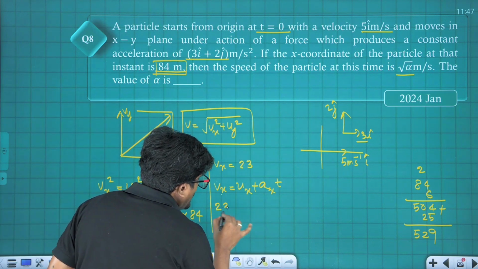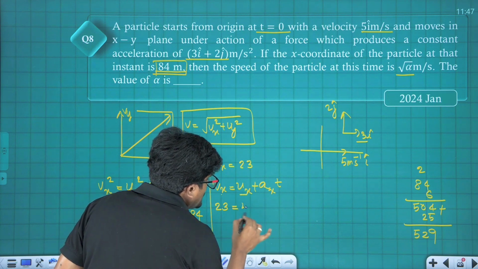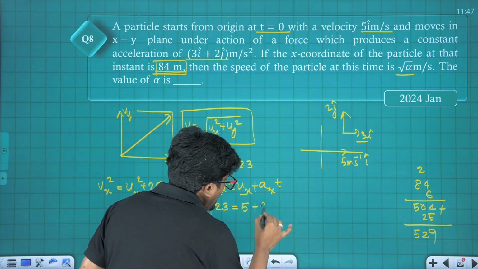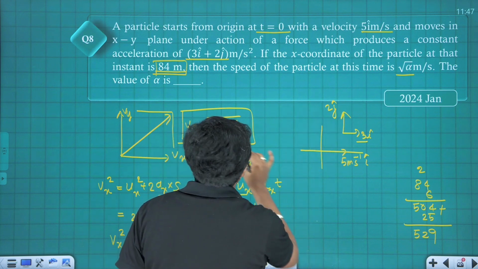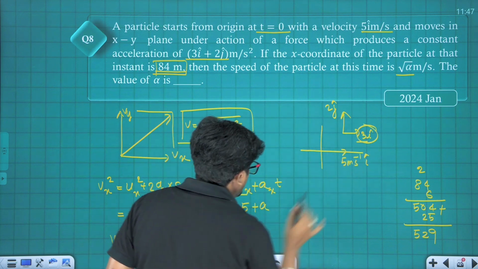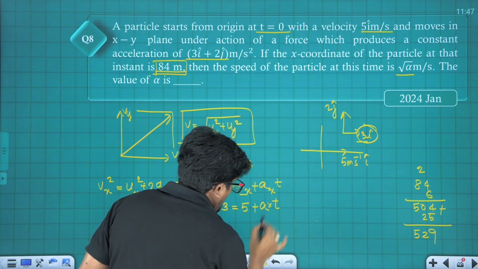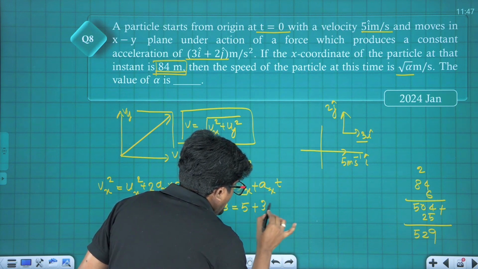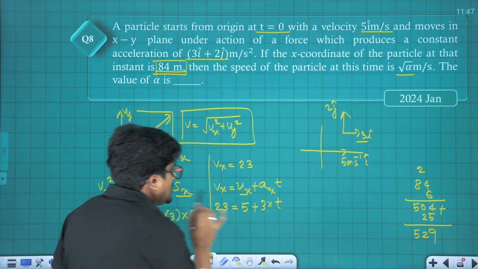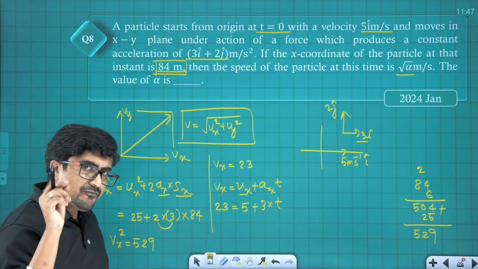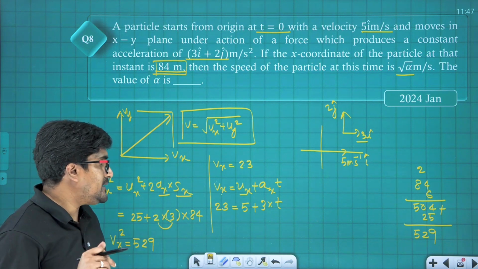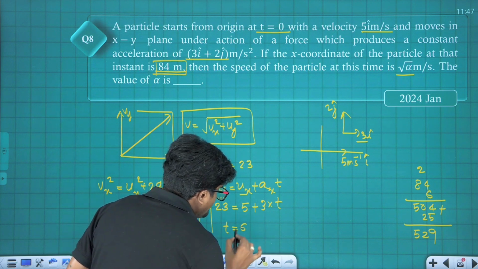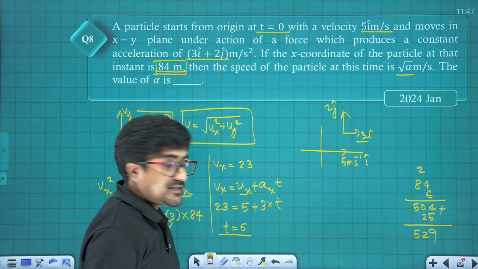Here we know that this is 23, and here this was 5, plus acceleration along x-axis, which was 3, and time taken is t. So 23 minus 5 is 18, 18 by 3 is 6. So t is equal to 6 here.